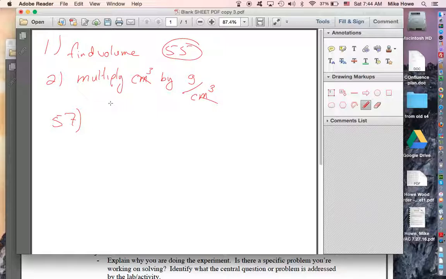So on 57 part A, for the iron, you're going to have 81.5 multiplied by 2.1 multiplied by 1.6.